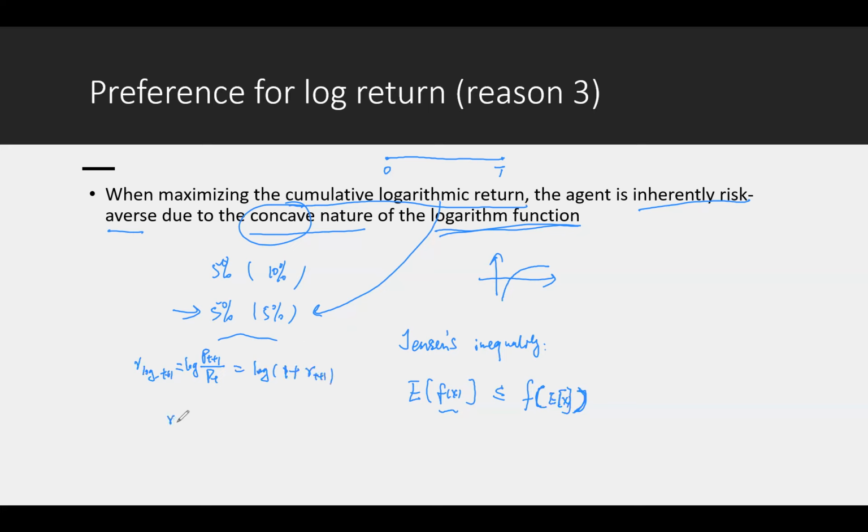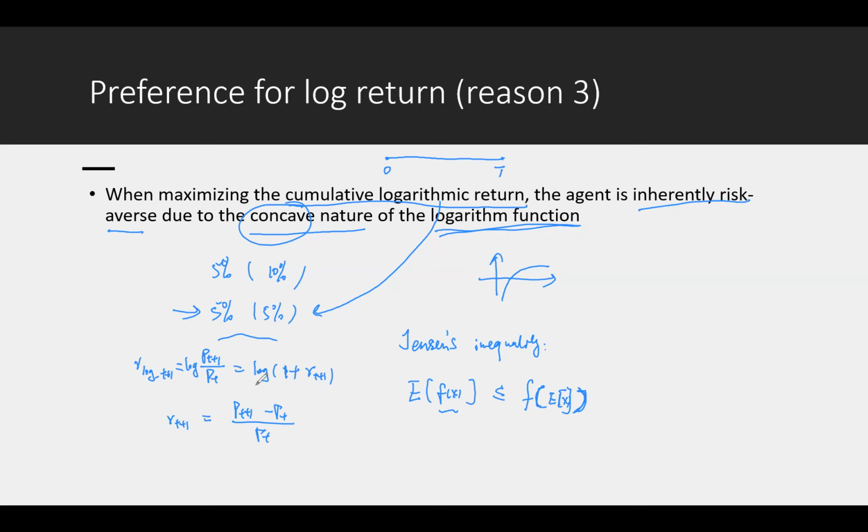We know r t plus 1 is our simple return, p t plus 1 minus p t divided by p t. This is just another way to rewrite the definition of the log return to express it as a function of the simple return. If you plug in, you can verify that this is the case.